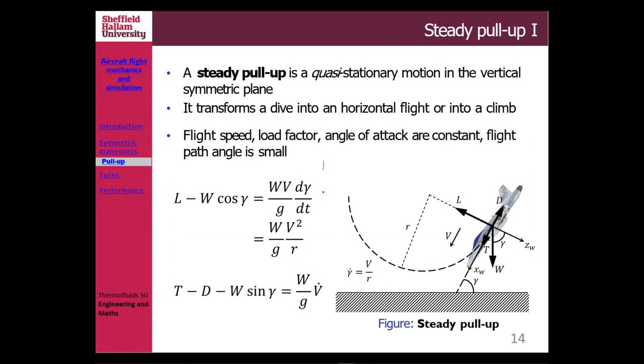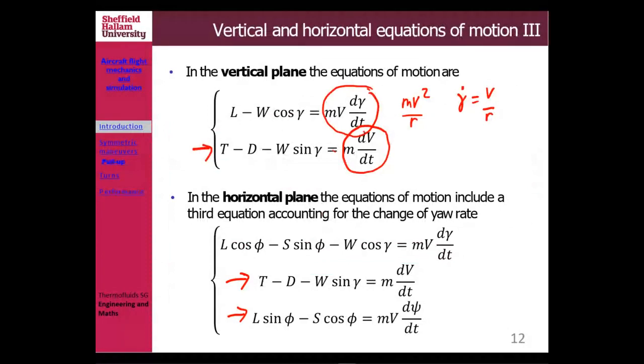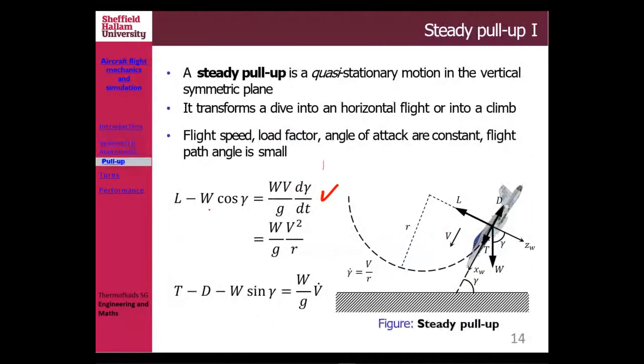Now remember this equation, we actually get it from the equation there, right? Which is L minus W cos gamma. If you move it around, then you get m, which is mv d gamma dt before that, but we know that W is mg, so if you put in the m, it becomes W divided by g.